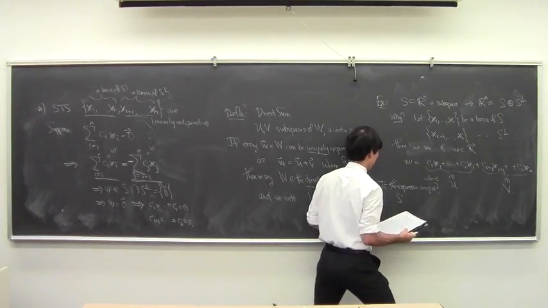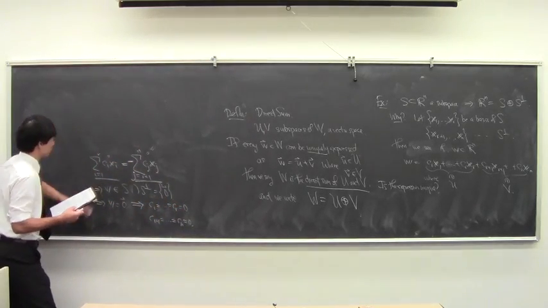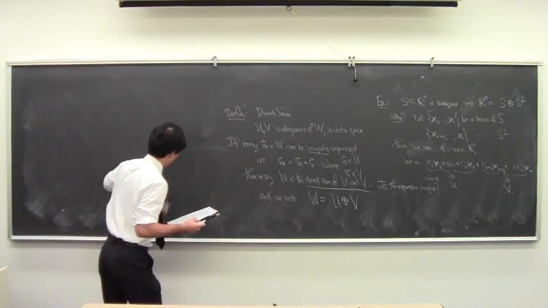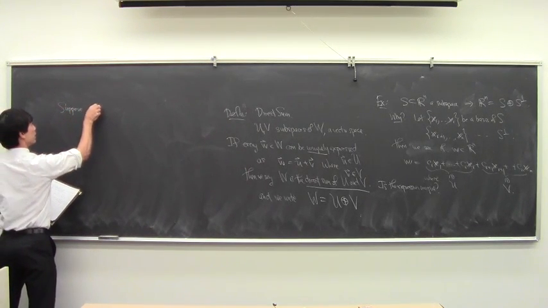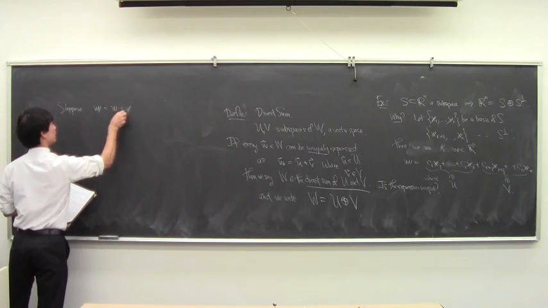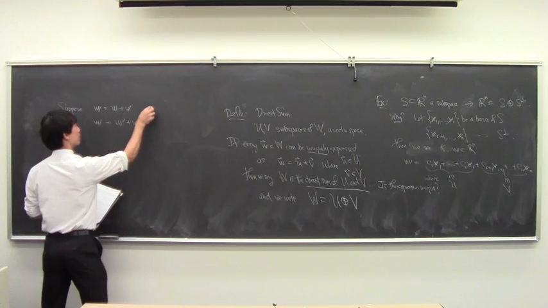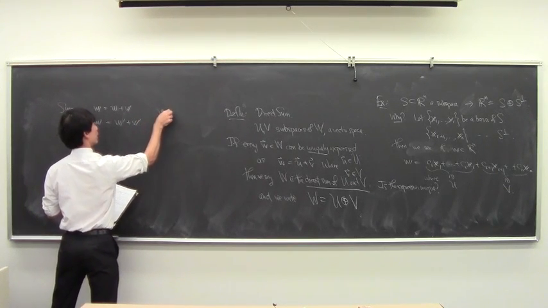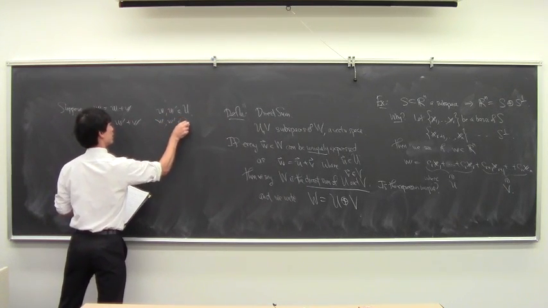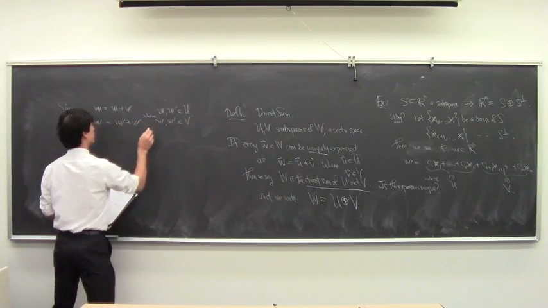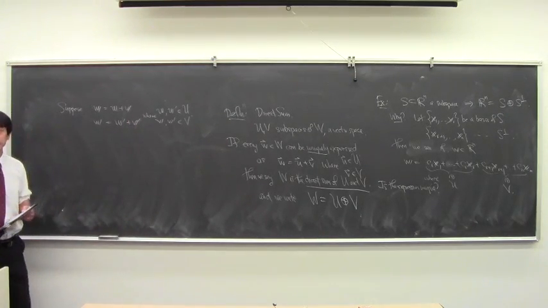Let's say, suppose w can be expressed as u plus v, and w can be expressed as u prime plus v prime, right? Where u and u prime are in U, and v and v prime are in V. Suppose there are two.